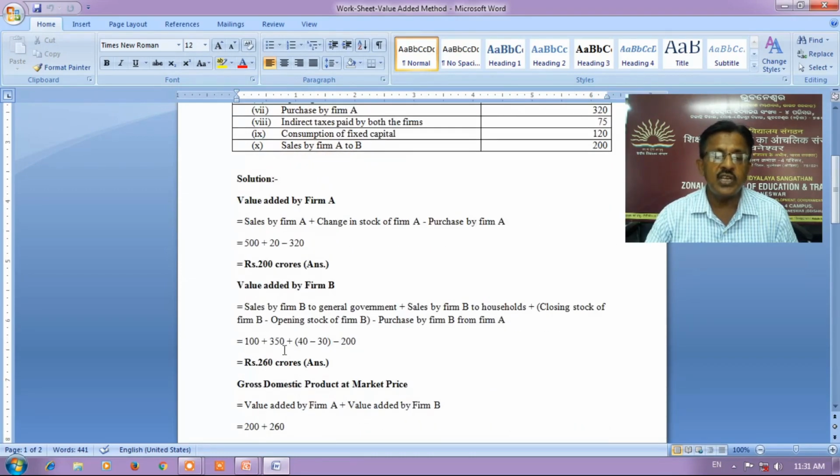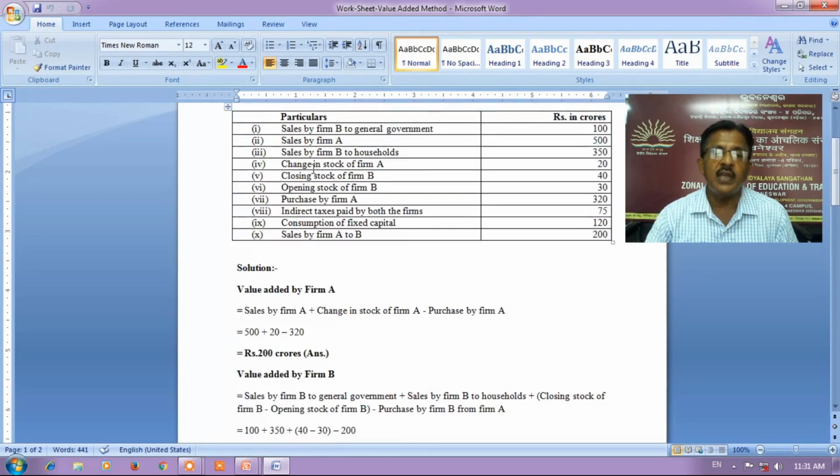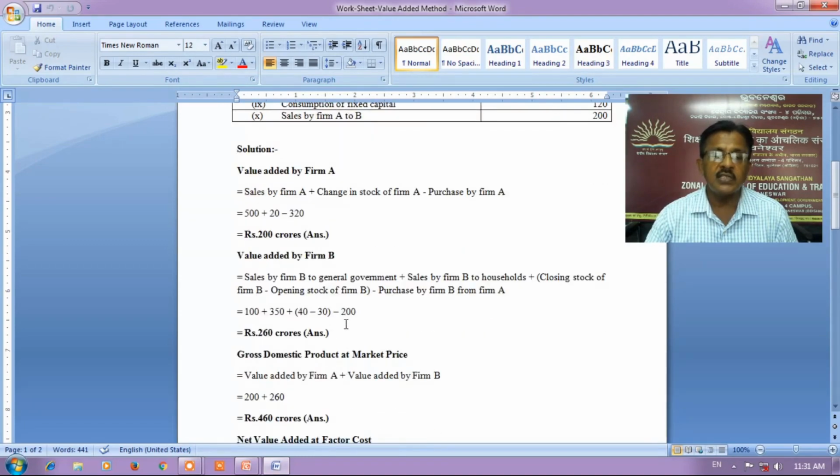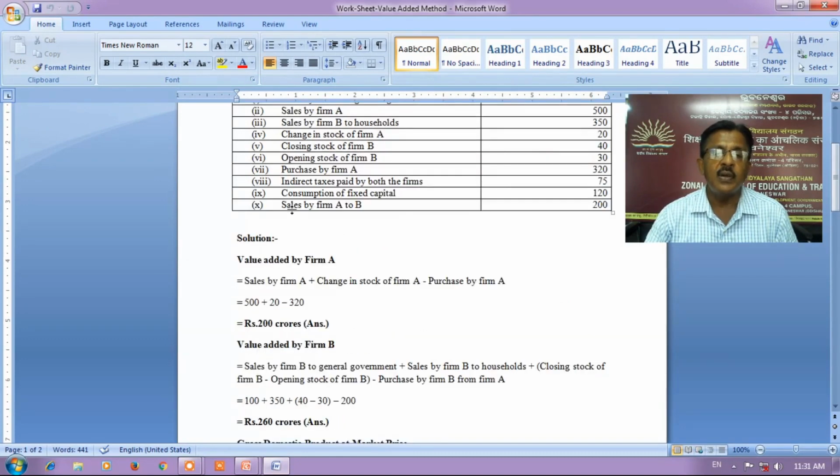So these 2 are taken over here. Then closing stock of farm B is 40 and opening stock of farm B is 30.